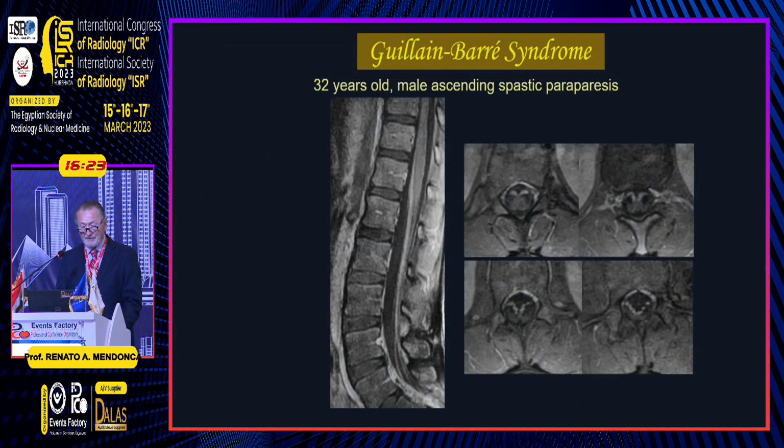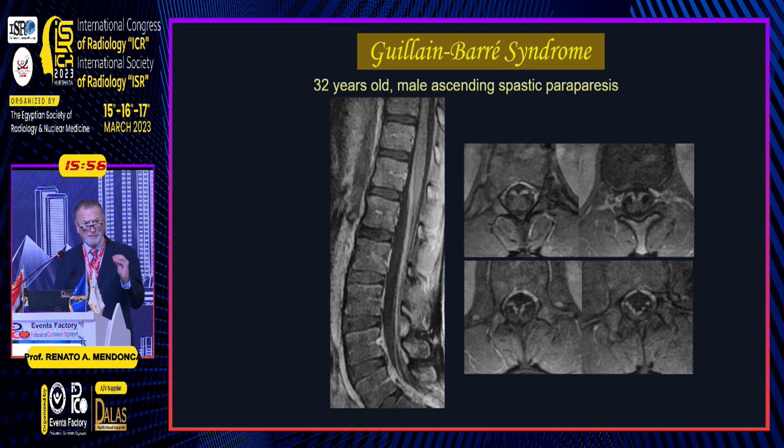Guillain-Barré syndrome is another one. We saw a lot of this syndrome with the COVID infections, so it was part of the spectrum of neurological involvement in COVID. The involvement of the roots is mainly of the anterior roots.